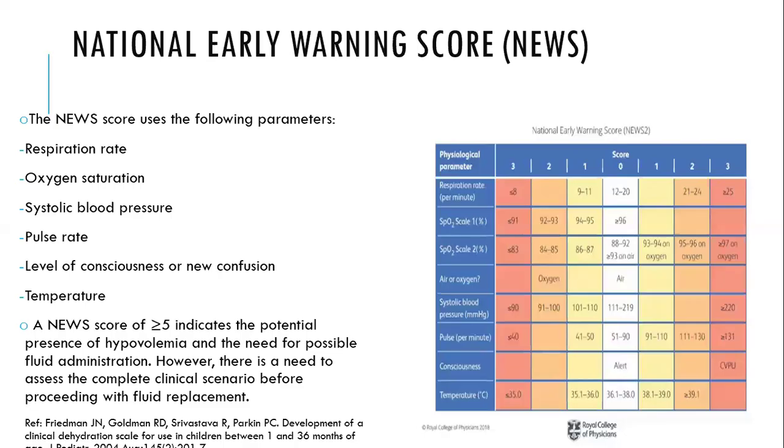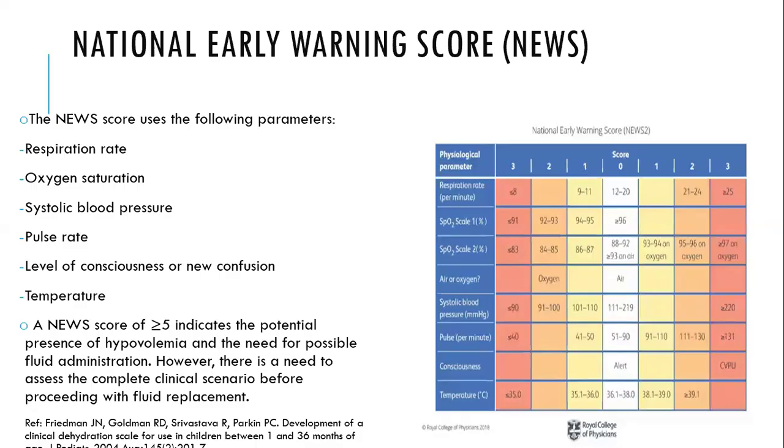All right, another very important way to assess fluid status is the National Early Warning Score. The one I put on the right is from the Royal College of Physicians, and this is important because you can use it to determine when your patient requires fluid or not. These are the various parameters that are monitored: the respiratory rate, your saturation, systolic blood pressure, pulse rate, the level of consciousness or new onset of confusion, and your temperature.